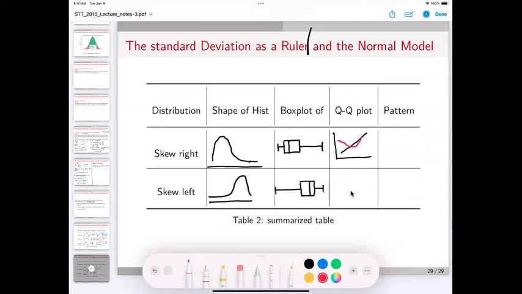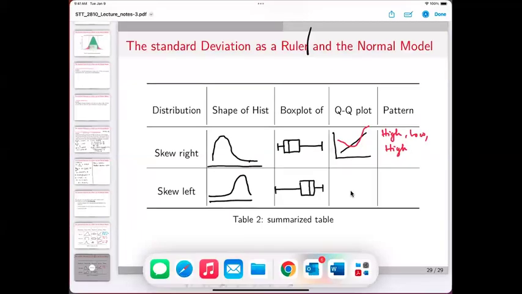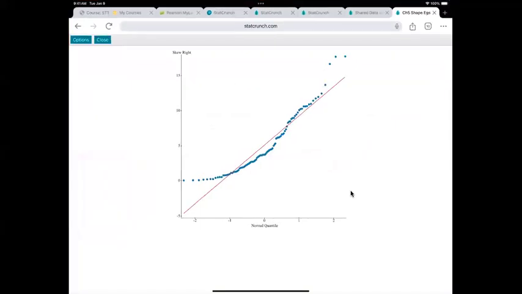It's looking like this, something like that. So we have high, low, high. Let's go confirm. Right.